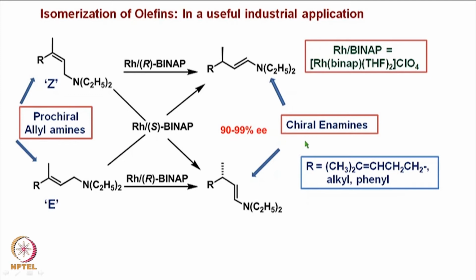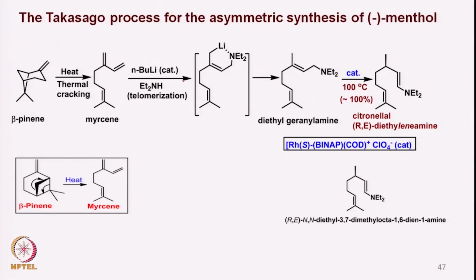As one can see, the R group here has a lot of scope, for example alkyls or phenyls, and various kinds of substitutions can be utilized. So it is an easy method for converting a prochiral allylamine to chiral enamine using rhodium based catalyst and BINAP based chiral ligands.